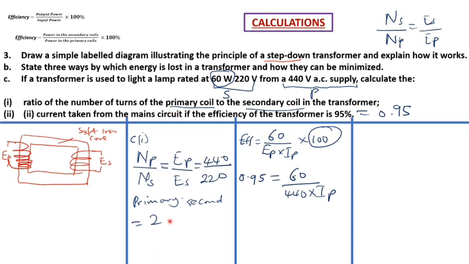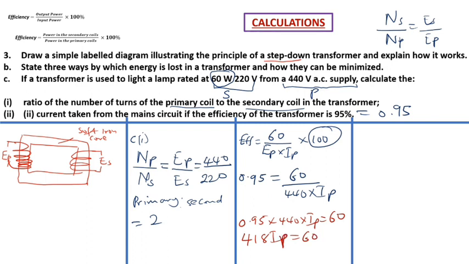Okay, so when we work this out, I'm going to have 0.95 times 440 times IP will be equal to 60. I'll just multiply this out. 0.95 times 440, that's equal to 418 IP, is equal to 60.